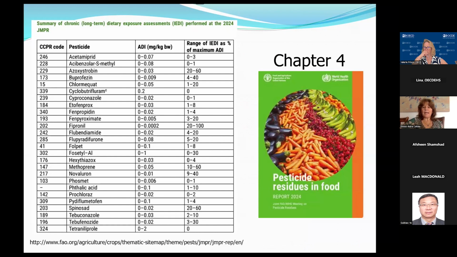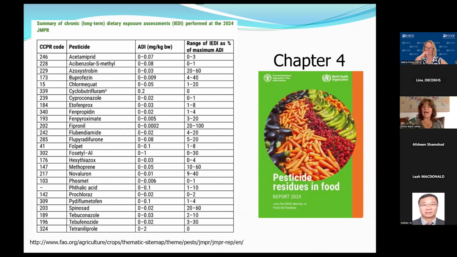And just to give an example of what was done in the last JMPR 2024. We did a chronic exposure assessment for all the compounds that were evaluated during the meeting. And you can see here that for none of the compounds did the percentage of the ADI exceed 100%. The range here of the ADI is the range for the 17 cluster diets.